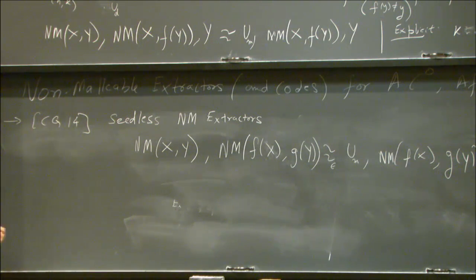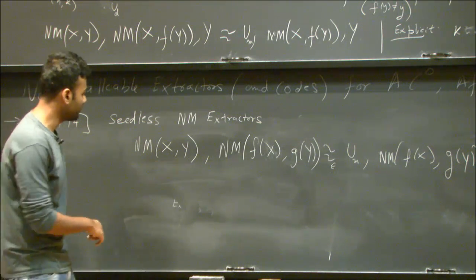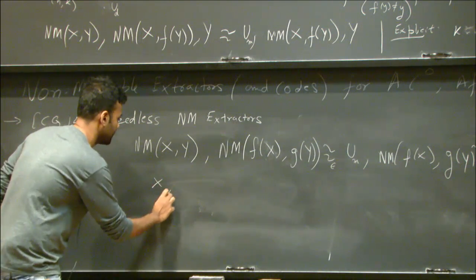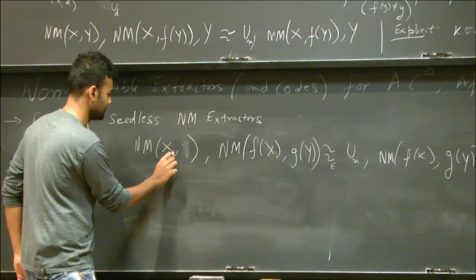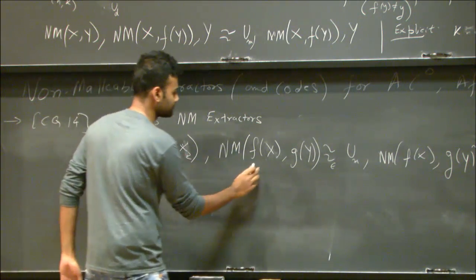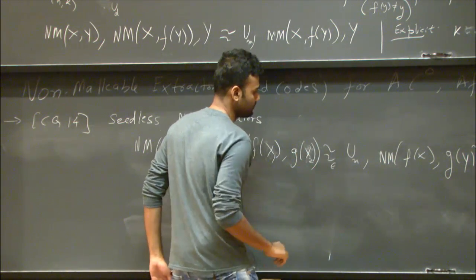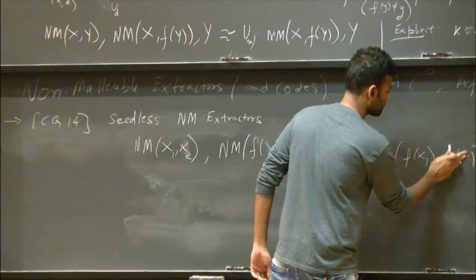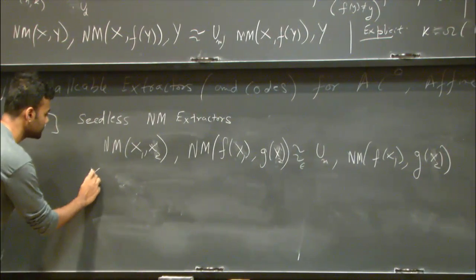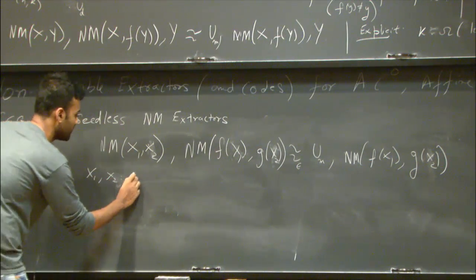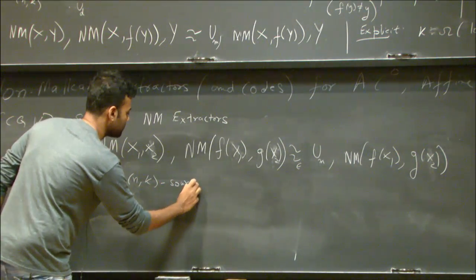So here you would want the extractor... Maybe again it's better to use x1 and x2. Here x1 and x2 are (n, k) sources.